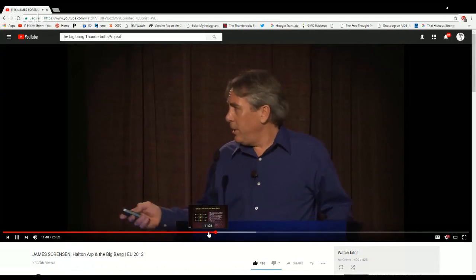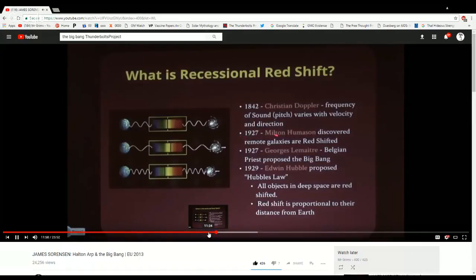This came about when Milton Humason back in 1927 discovered that these remote galaxies were redshifted. And then Georges Lemaitre, and I probably just clobbered that, was a Belgian priest, and he actually proposed this Big Bang theory. And then finally, in 1929, Edwin Hubble, who the Hubble telescope's named after, proposed Hubble's law.